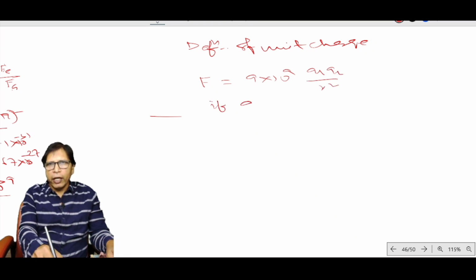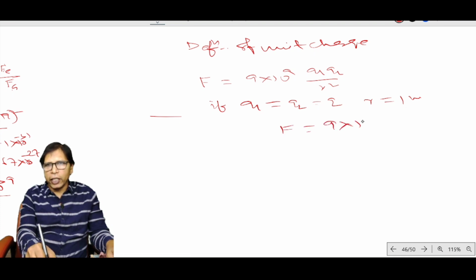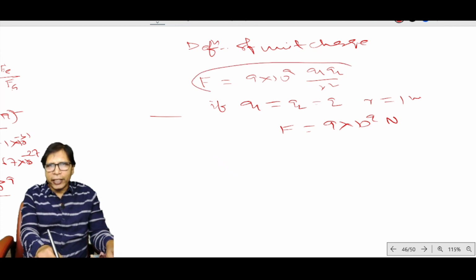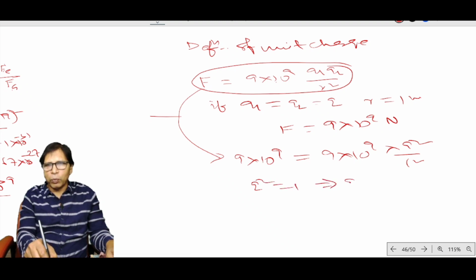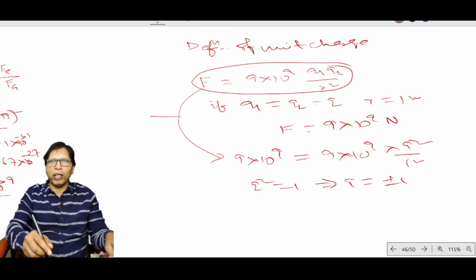If Q1 equal to Q2 equal to Q, R equal to 1 meter, and F equal to 9 into 10 to the power 9 Newton, then from this relation we get 9 into 10 to the power 9 equals 9 into 10 to the power 9 into q square by 1 square. So q square equal to 1, therefore q equal to plus minus 1.